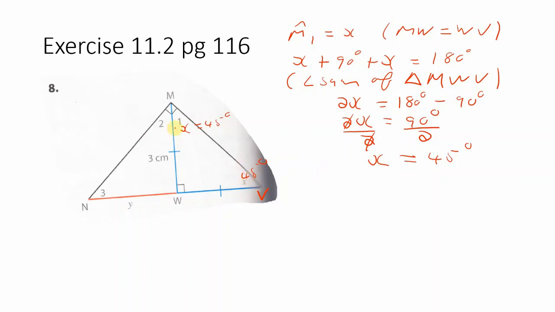So we can say, therefore, that 90 degrees plus angle N plus the 45 degrees equals 180 degrees. The reason being angle sum of triangle MNV.